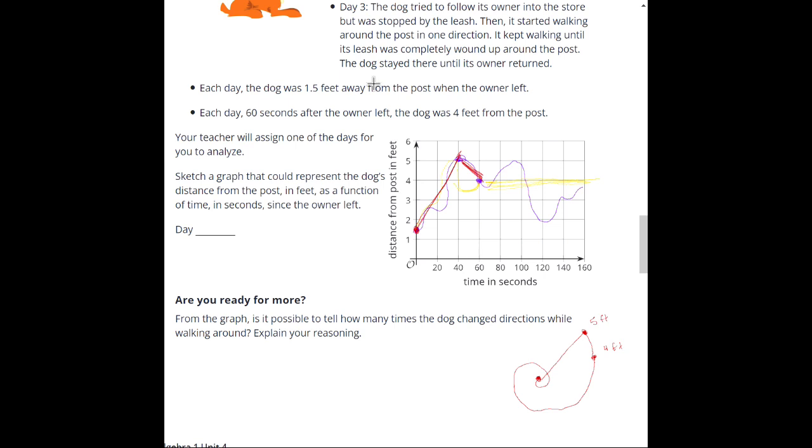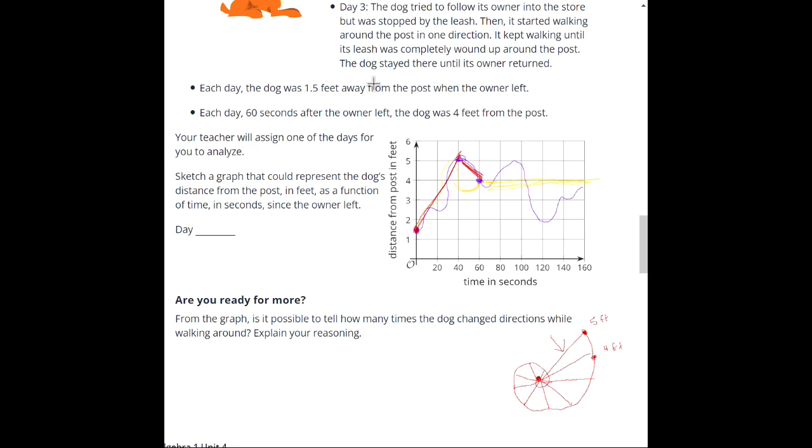Now, we're not going to worry about the time. And then we're going to look at our distance at each one of these points. Now we don't know what these other points are. That's okay. But we can see that the distance is decreasing. Remember, these lines are the distance.